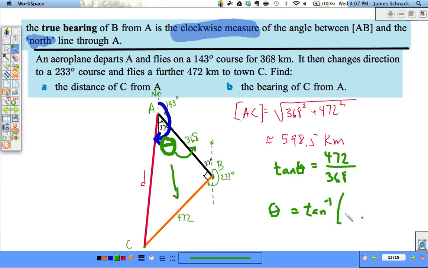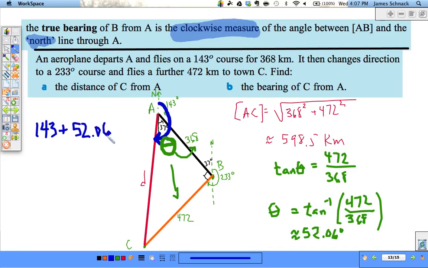So the inverse tangent of 472 over 368 is approximately 52.06 degrees. But that's not theta. Theta is going to be 143, or, it's not my bearing, I'm sorry, it is theta. It's 143 plus 52.06, for a grand total for our bearing of approximately 195 degrees.